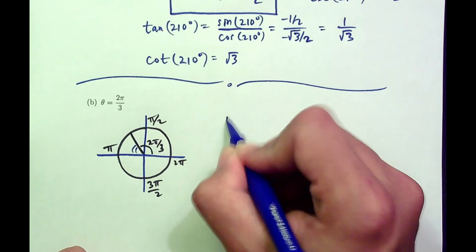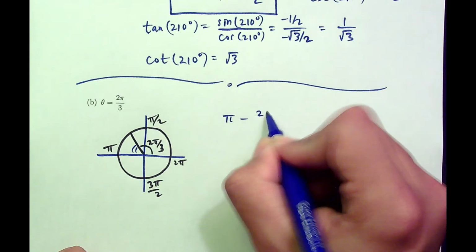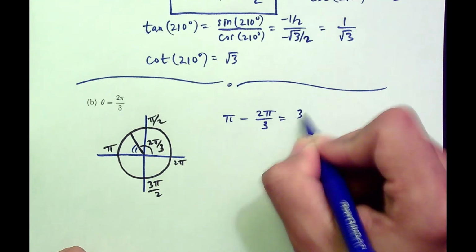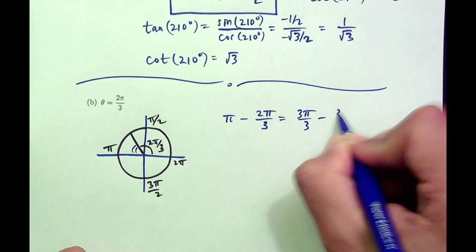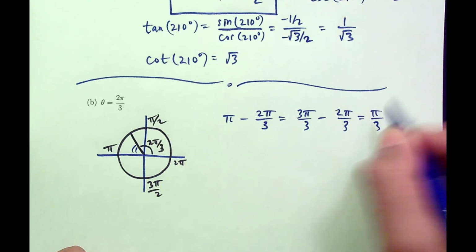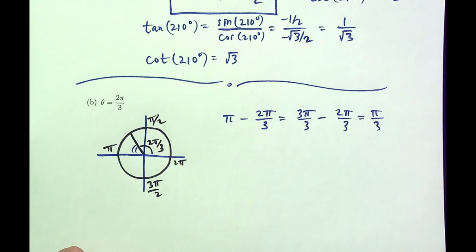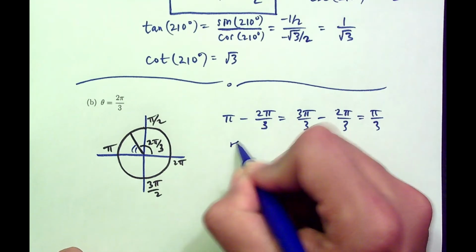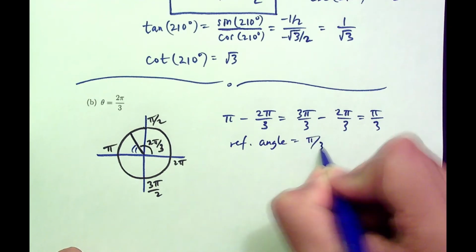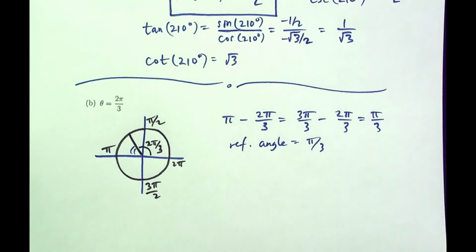Well, it's a difference. So it's going to be pi minus 2 pi over 3, which is 3 pi over 3 minus 2 pi over 3, which is pi over 3. So the reference angle is pi over 3.